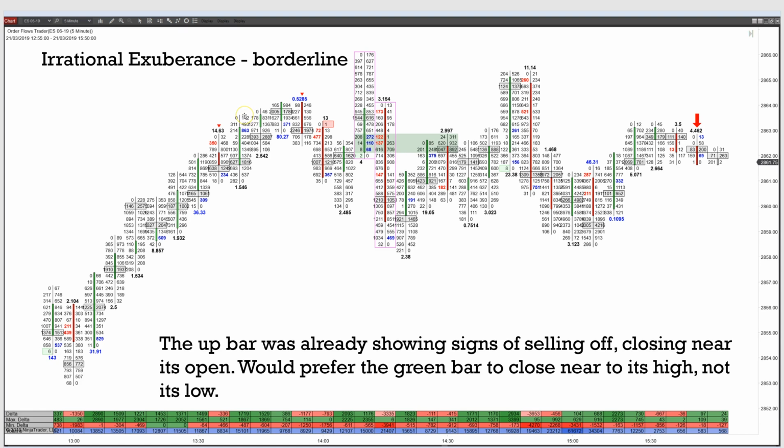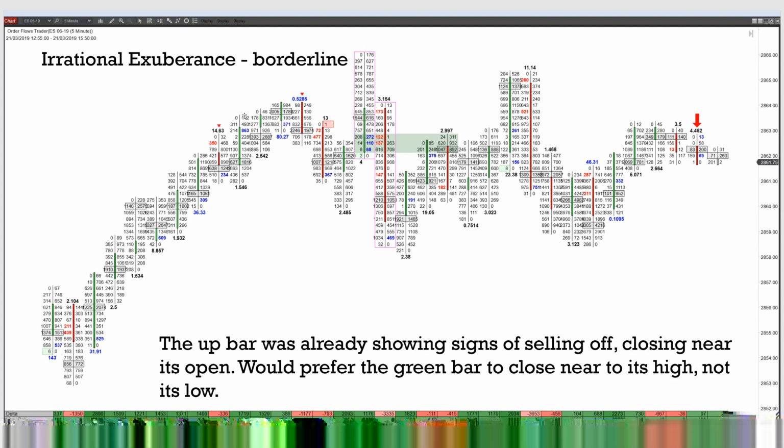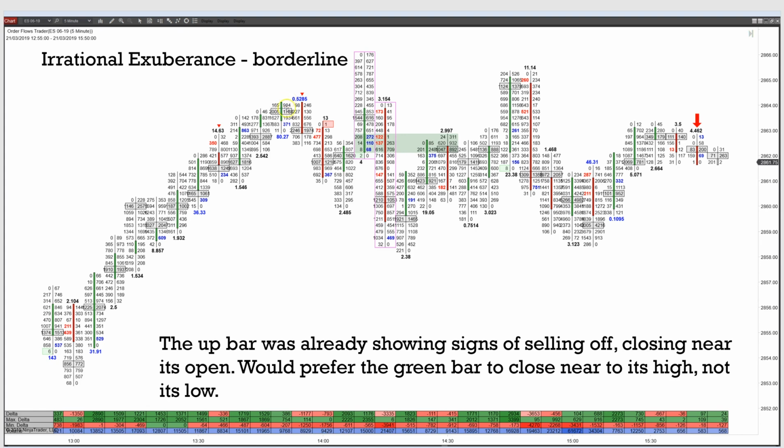Now this one, when I first put this up here, I was looking at this bar, and I said borderline, because there's a lot of borderline. I don't have the heavy volume here, right? This small little high here, and then the next bar, it's an engulfing pattern.